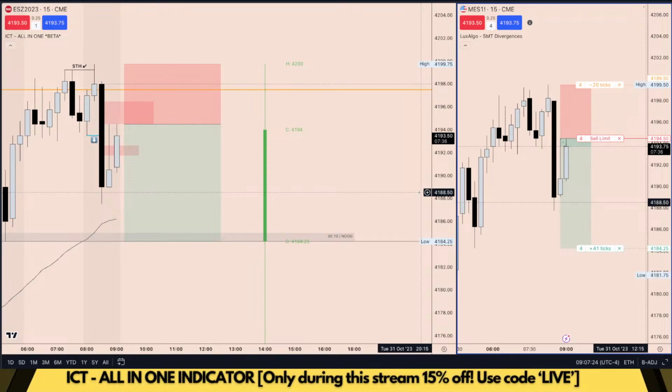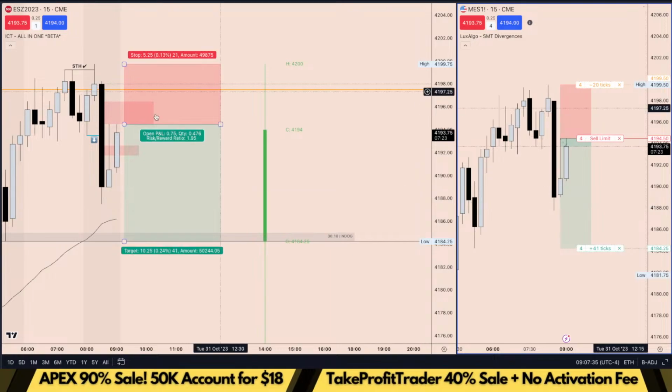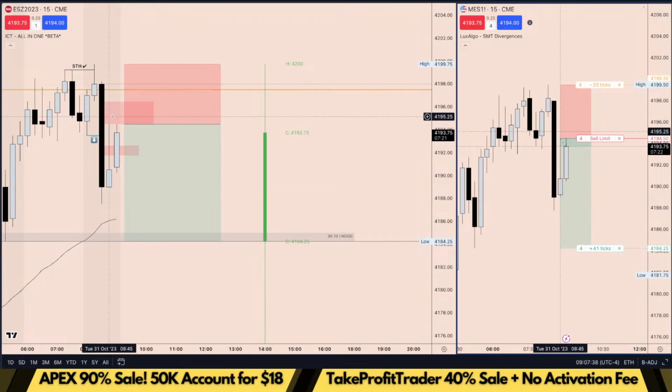Be aware that this is an entry prior to the New York Open at 9:30. We touched the 15-minute bearish fair value gap, but we didn't trade into it yet.